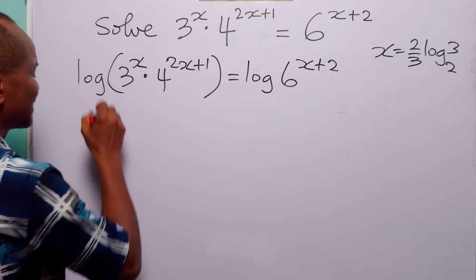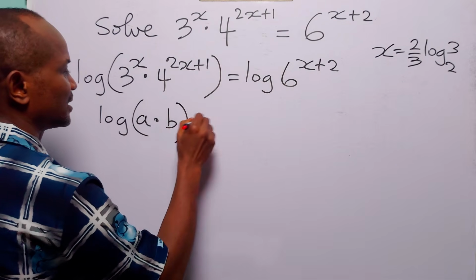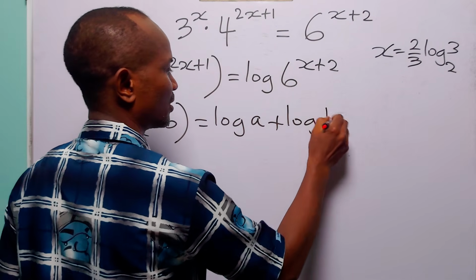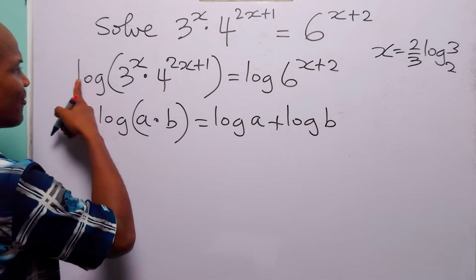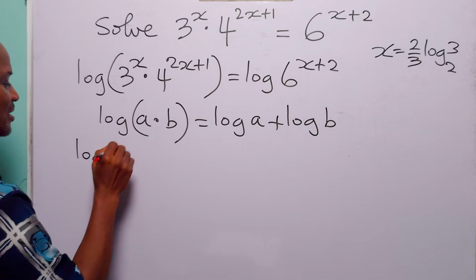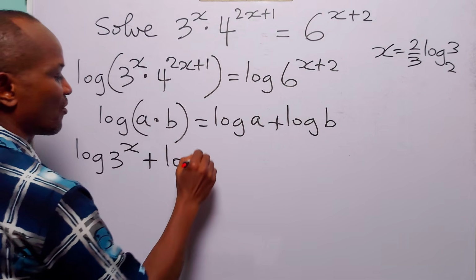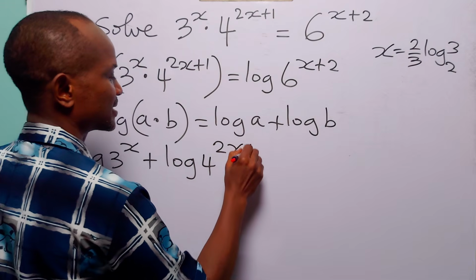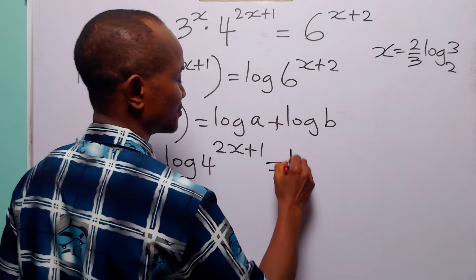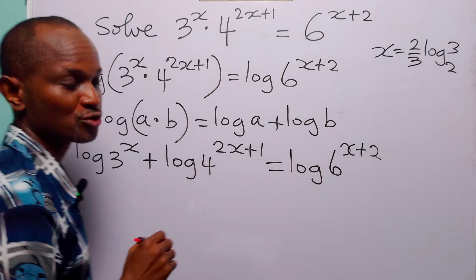Now, remember that log of a times b is equal to log a plus log b. That means that we can write this left-hand side as log 3 to the power x plus log 4 to the power 2x plus 1. And of course, this is still equal to log 6 to the power x plus 2.